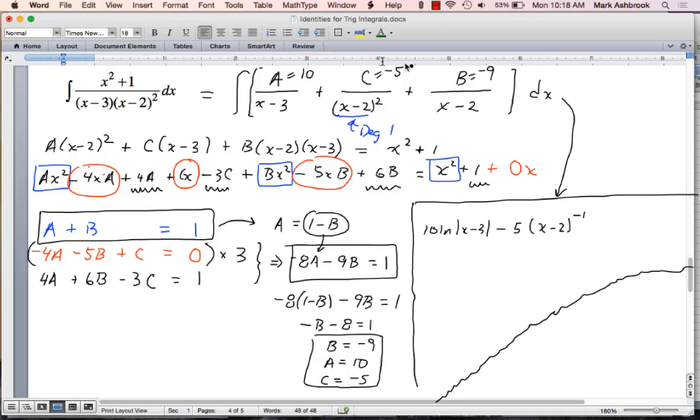Do we get exactly that? So I need this to be negative in the end. I need that whole thing to be negative, since it's negative 5 over x minus 2 squared. Right now, when I do the derivative, it's going to be positive, negative 1 times minus 5. So I just need to change that minus to plus. And then minus 9 natural log x minus 2 plus c. Answer.